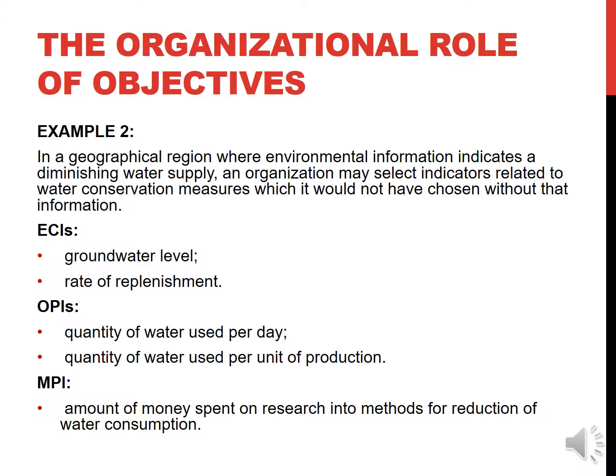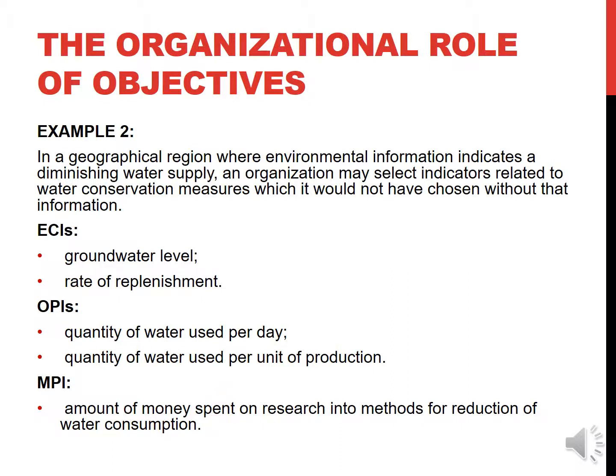Our environmental condition indicator might be groundwater level and the rate of replenishment. Again, these might not be under the direct influence of an organization. The operational performance indicators: quantity of water used per day and quantity of water used per unit of production. And a management performance indicator might be the amount of money spent on research into methods for reduction of water consumption.